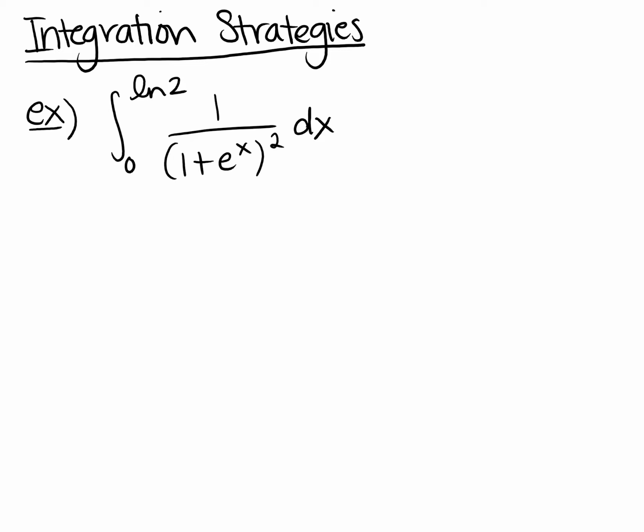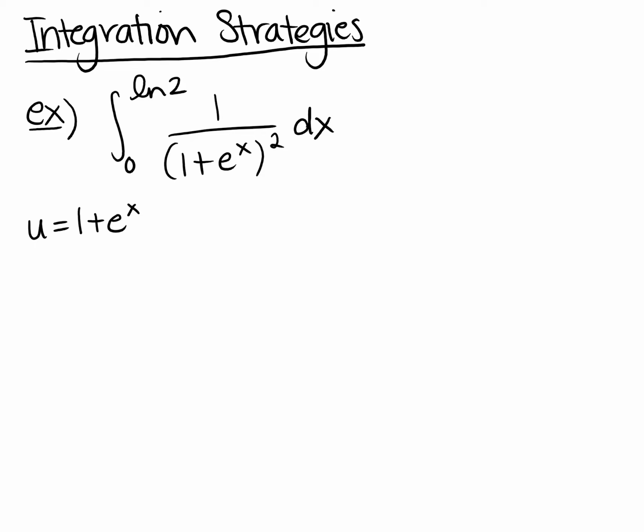I can't just go inside and take the antiderivative of these 2 and then add 1 to this and divide by it. Don't make things up, right? We know we can't do that. So what I'm going to do is try a substitution. Now I know this might be a little tricky, but really what this is crying out for is u equals 1 plus e to the x.